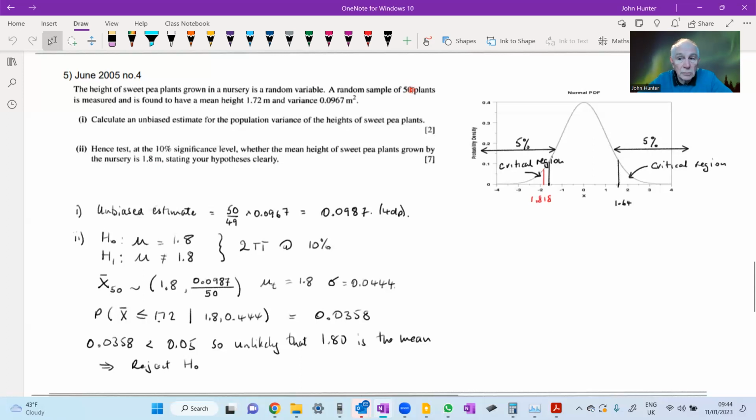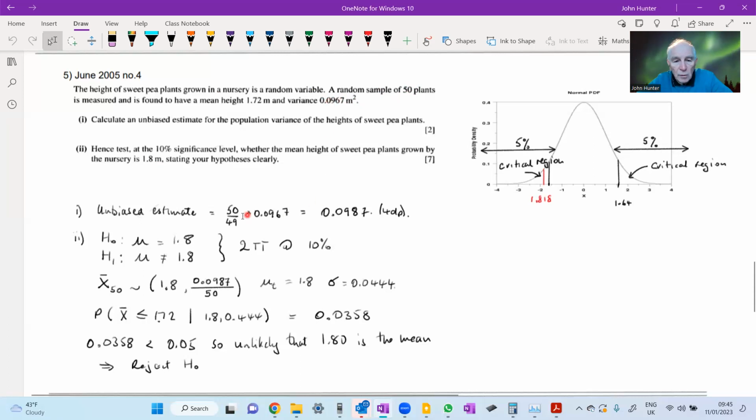And if we go back to a previous video, we realize that if we just take the variance of these 50, then that is a biased estimator. It basically underestimates the variance of the population. So we have to apply our correction. Again, this is in a previous video, so you might need to go back and have a look at that.